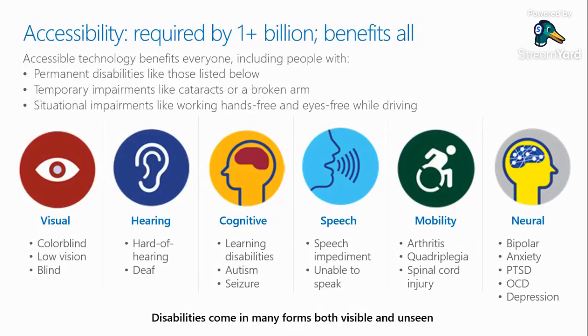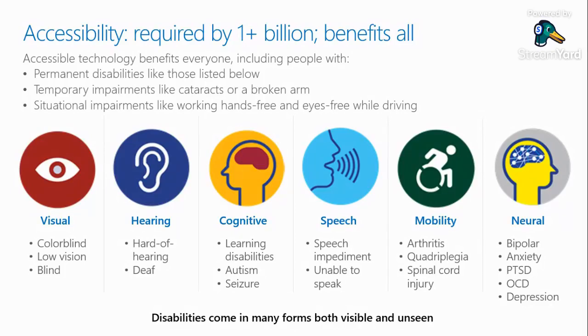Cognitive, like they have a learning disability, whether it's, for instance, autism or something else. Speech impediment, or they're unable to speak, like they're mute. Mobility, meaning to say if they can't, for example, move on their own because of some physical disability, maybe polio, arthritis, quadriplegia, or spinal cord injury.